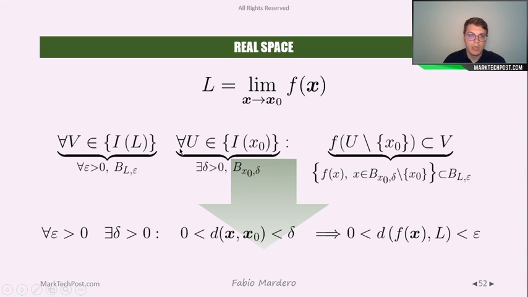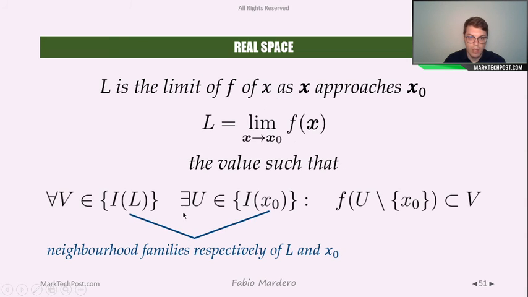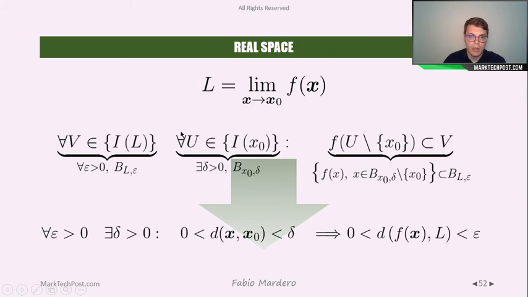Then, excuse me, that's a mistake here, there exists U, so it means that there exists a neighborhood of x0. It means that we can find delta, a radius, for the open ball centered in x0 with radius delta.